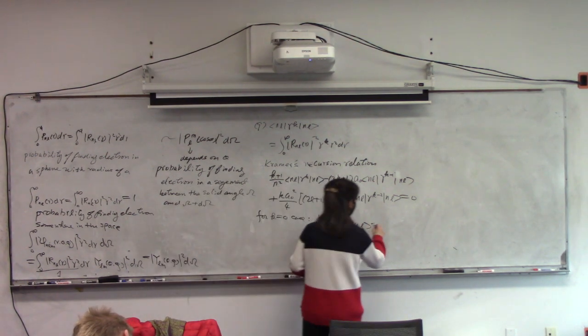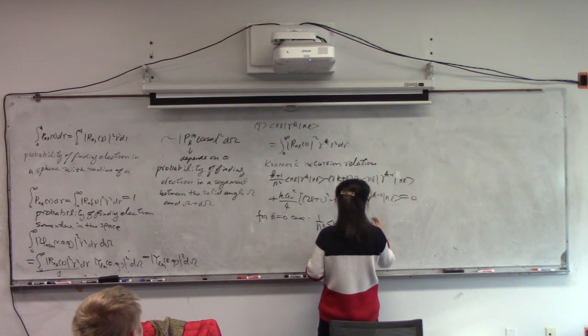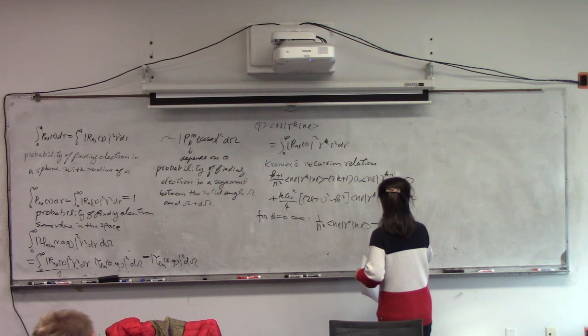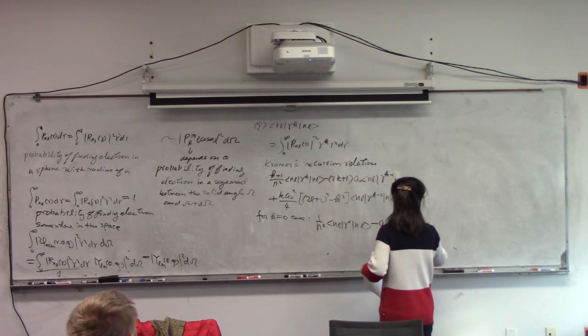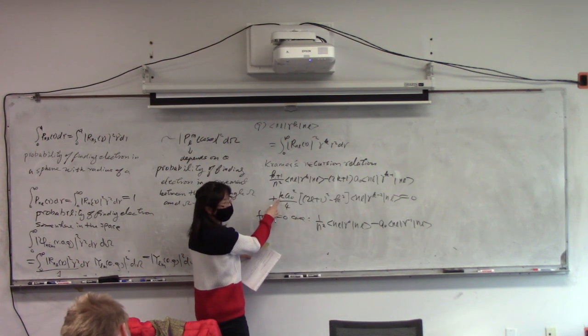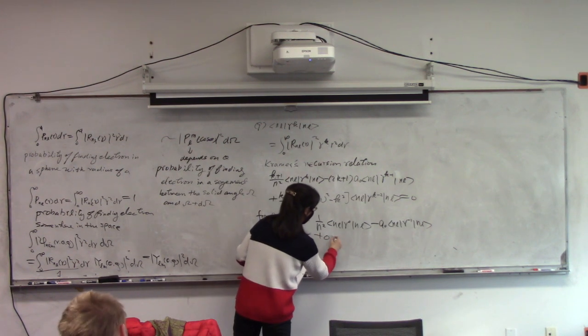Then the second one, minus (2k+1), with k equal to 0, is 1, so a₀ and ⟨nl|r^(-1)|nl⟩. And the third term with k equal to 0 is 0.